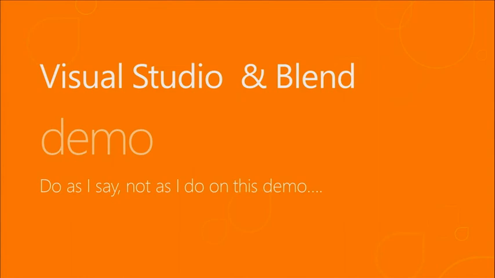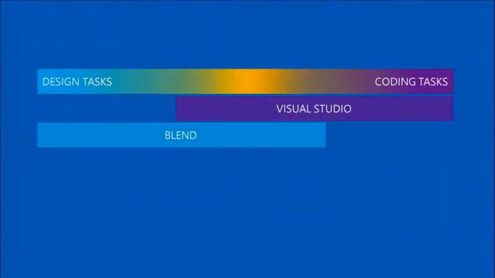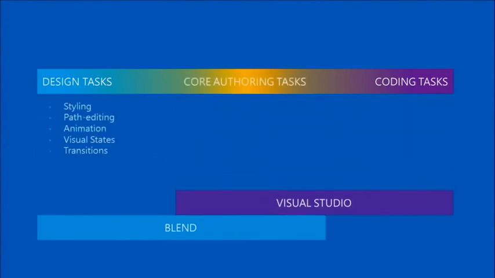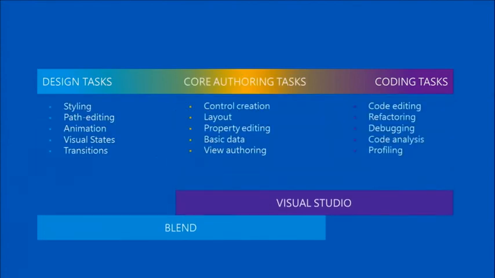So our tools are very friendly to designers. And this is kind of how we think. When you write an app, you're going to have some design tasks and some coding tasks. We're going to have some tasks that Blend is really optimized for, like all of the templating and styling. I didn't show you path editing. You can go in there and edit paths and transitions and all the functionality that's more designer-centric.